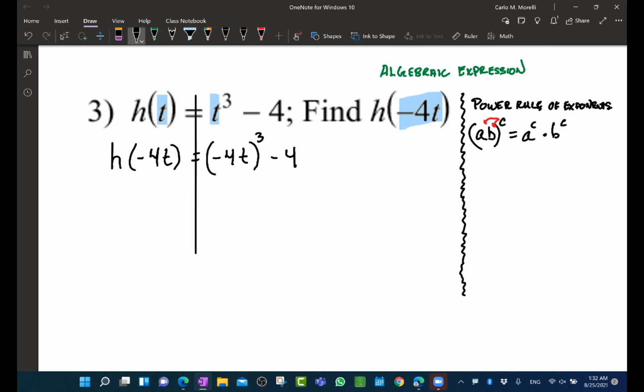Now, this is where I really need to clarify something. So let me write this again, but I'm going to write it bigger so I can make a point. a b raised to the power of c.